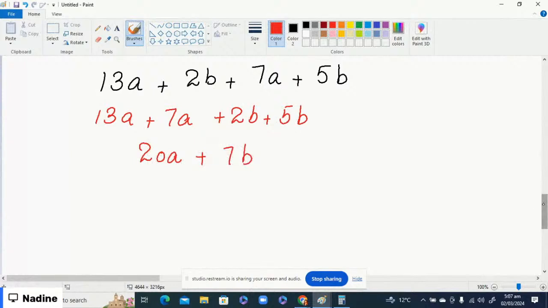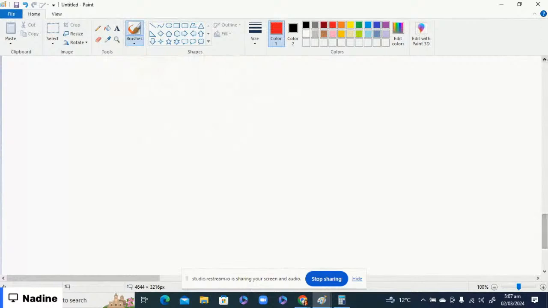Now just do some multiplication questions. Here is 7 into 5 plus a plus 2b. Now if you have a question like this, how can we solve it? All of you solve this question in your notebook. Solve it and then tell me what the answer is.